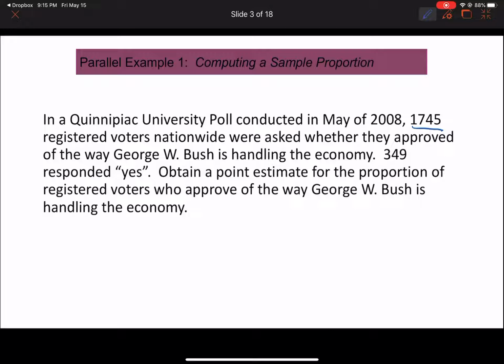We're going to get a point estimate for the proportion of registered voters who approved of the way George W. Bush was handling the economy at that time. So the solution is p hat equals 349, that's how many people approved, over 1,745, that's the number of registered voters who were asked that question, equals.